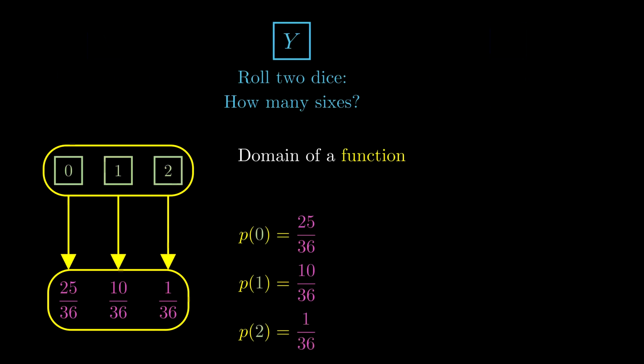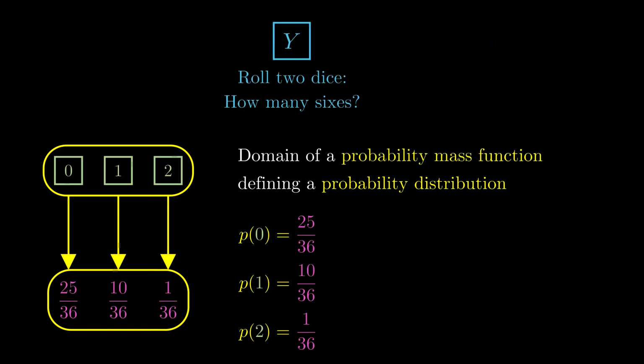This sort of function defines what we call a probability distribution. Because it's a discrete random variable, we might call this a discrete probability distribution, and for discrete probability distributions, we call the function a probability mass function. Here's why we didn't simplify the 10 out of 36 earlier.